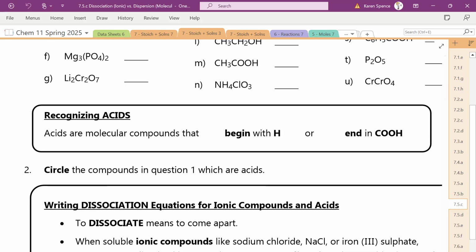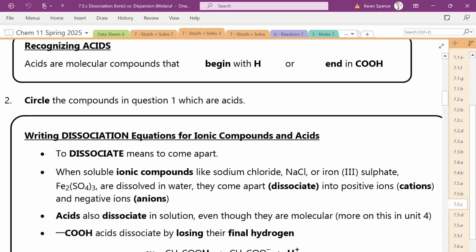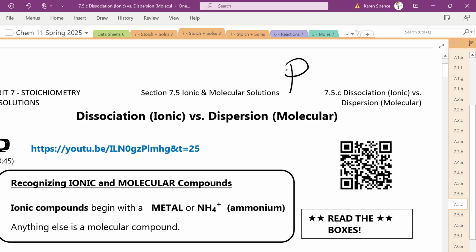Page, let's see, is it 92? No, it's page 90. The table of contents is messed up for the last sections. It's like 2 pages higher than it should be for the last couple sections. Anywho, page 90.